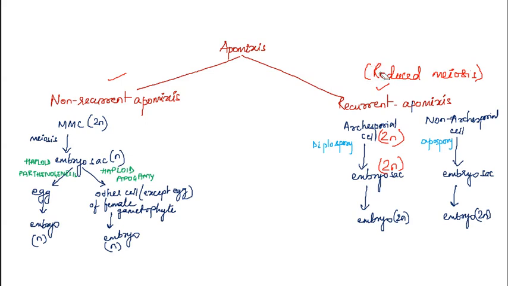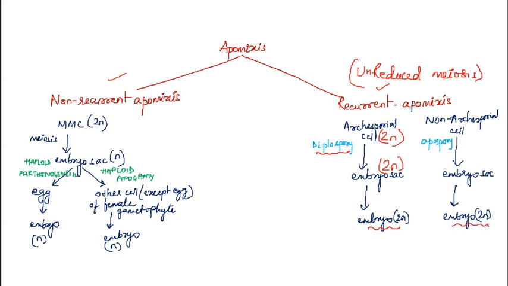This unreduced meiosis means that a haploid embryo cannot be formed, so the embryo here will be diploid. Diploid embryo formation from the archesporial cell is diplospory. And diploid embryo formation from a non-archesporial cell is known as apospory.